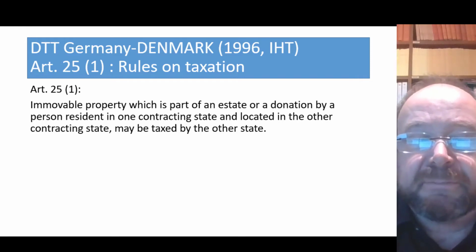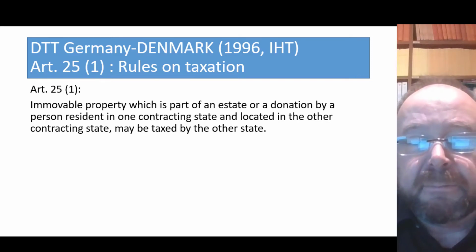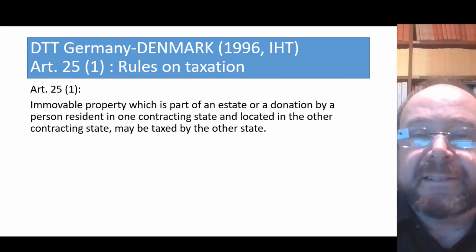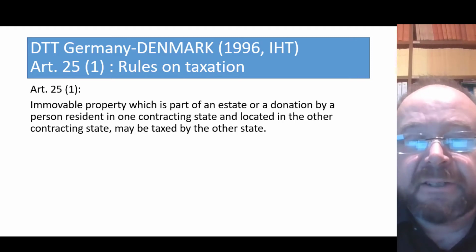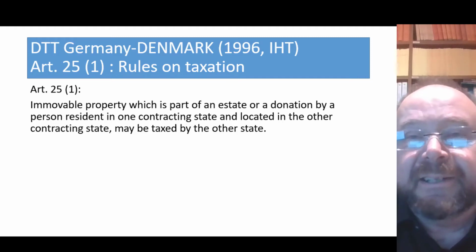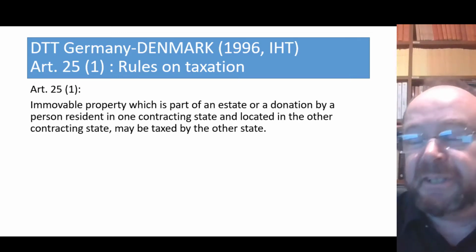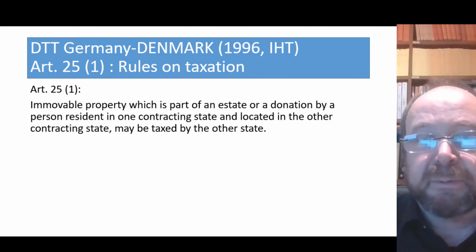Immovable property, which is part of an estate, may be taxed by the state where it is located. So that's clear. A source state can only be determined if you have a clear connection to a source state, and a clear connection is always given with immovable property. So it's clear here we can determine a clear source state, and so immovable property, the source state can tax.